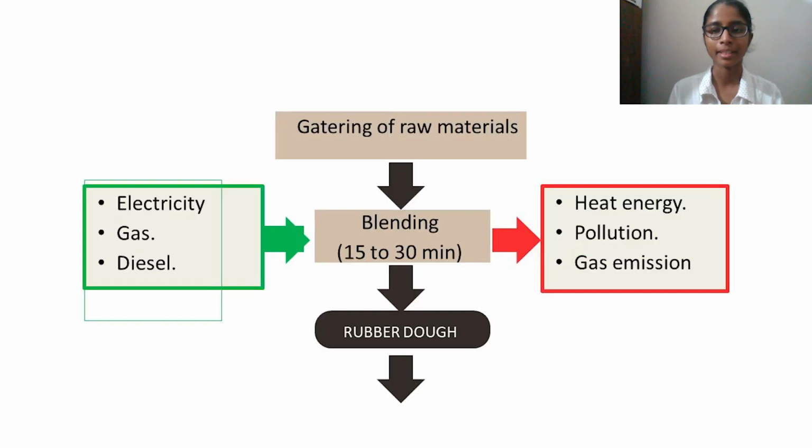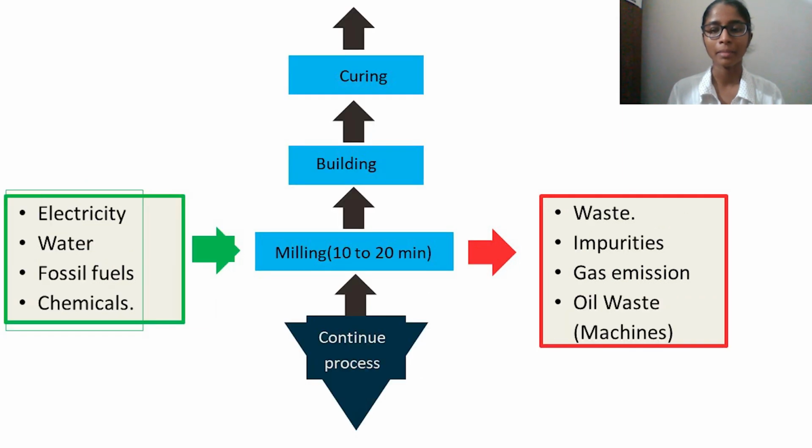The second step is blending. It takes 15 to 30 minutes, and the inputs are electricity, gas, and diesel, and the outputs are heat, energy, pollution, and gas emissions. The third step is called milling.